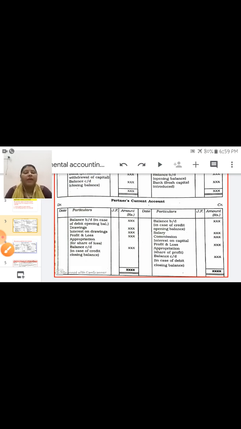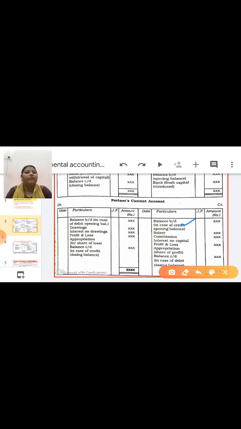You have to maintain the second account, partners current account. In partners current account, what you have to write down? First of all, opening balance of current. So opening balance of current, write down as by balance brought down on the credit side. Clear?